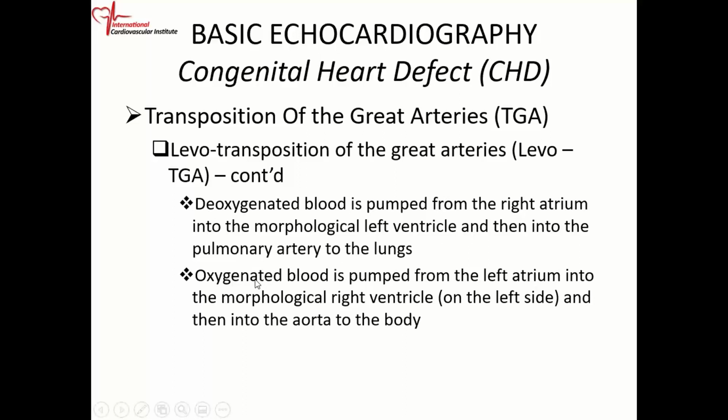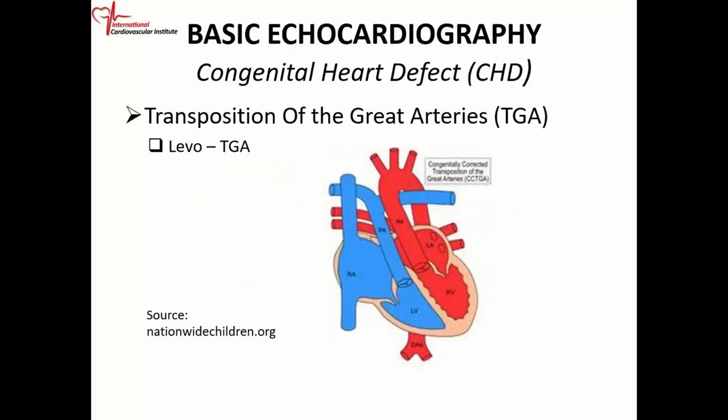And then the oxygenated blood coming from the lungs is going to flow into the left atrium, and then into the morphologic right ventricle, which is now on the left side, and then into the aorta and the rest of the body. But again, the problem is the right ventricle cannot maintain adequate function pumping blood into the aorta. It's going to fail. The tricuspid valve is going to fail.